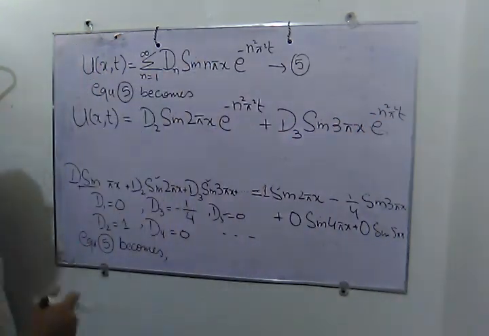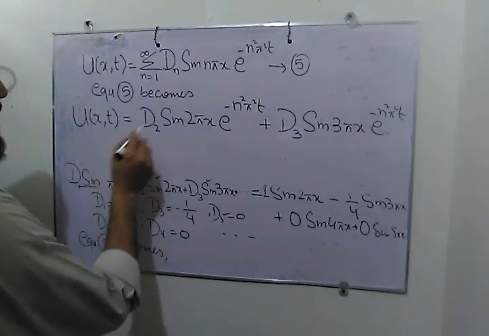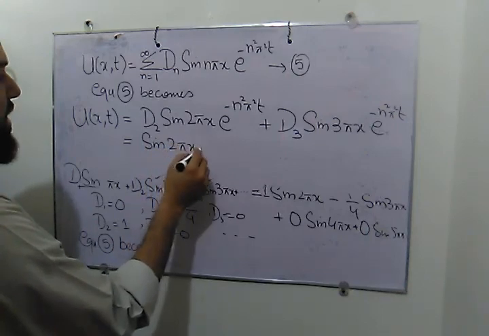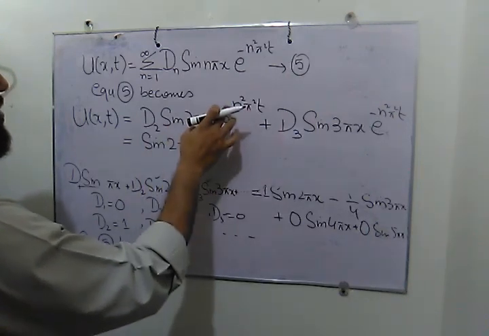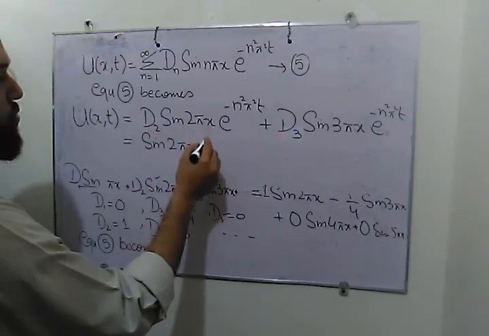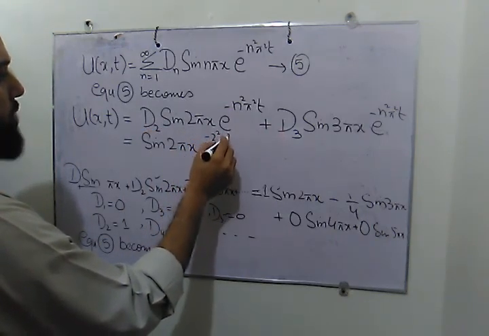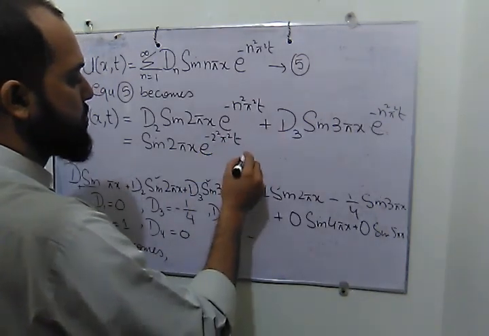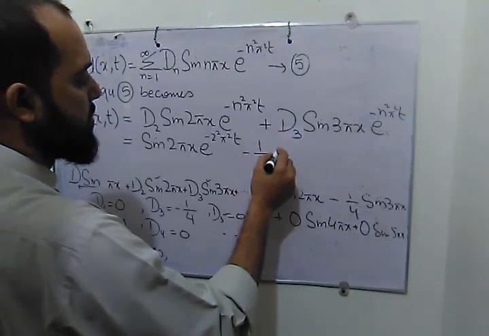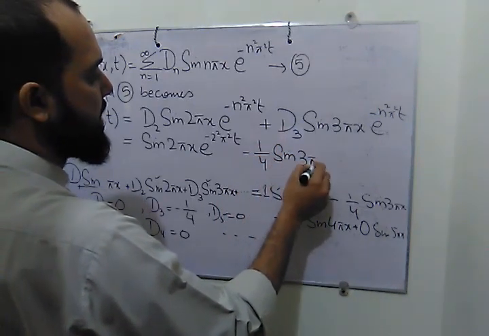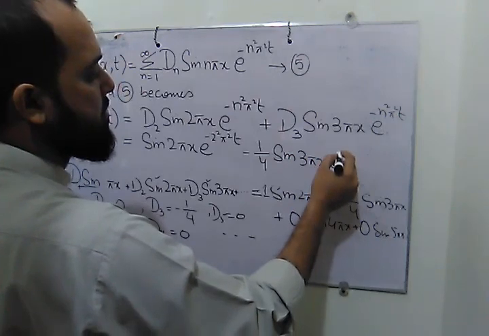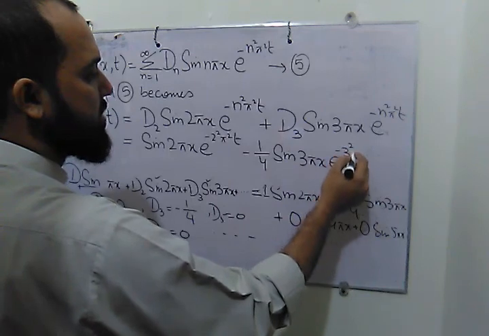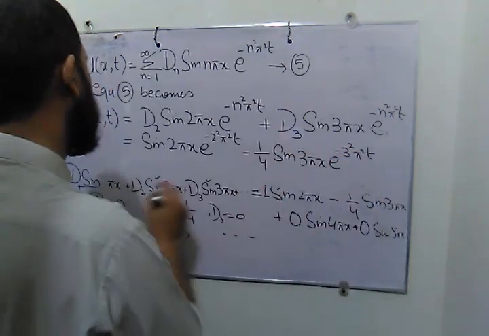It is multiplying with both of them, and d2 is equal to 1, so this is sine 2 pi x exponential, because we have n is equal to 2, so this is minus 2 square pi square t, plus d3 was minus 1 by 4, so I'm putting it here: minus 1 by 4 sine 3 pi x exponential, n equal to 3 survived only, so minus 3 square pi square t.